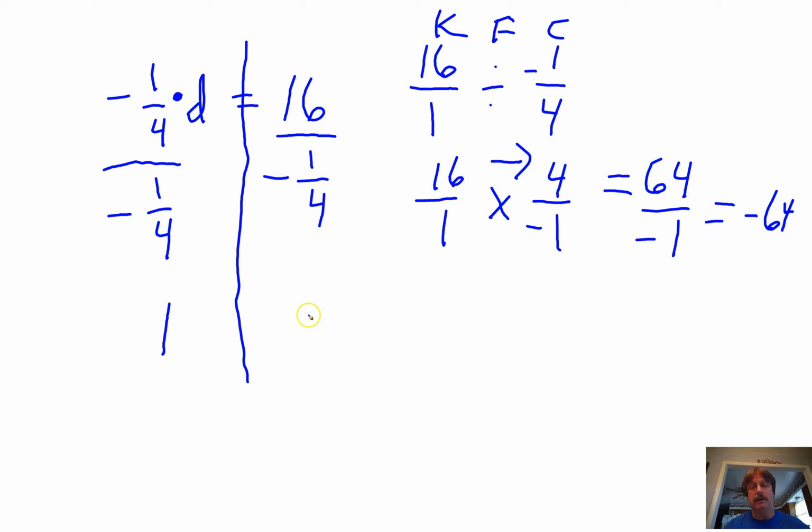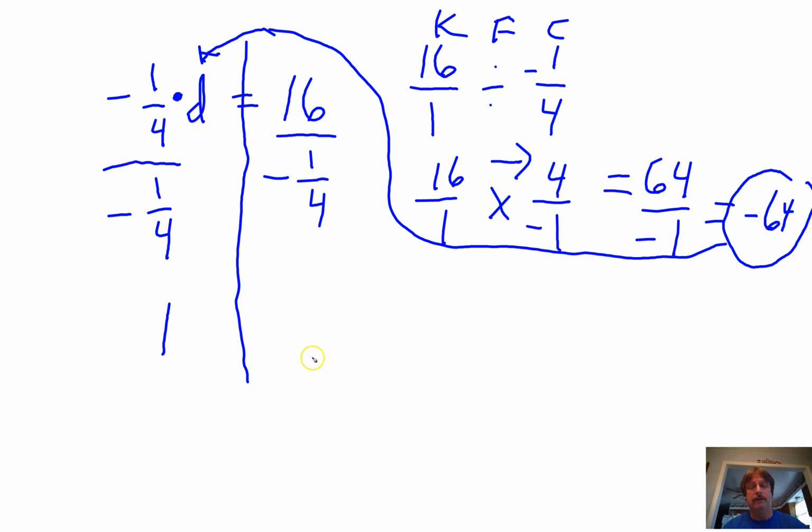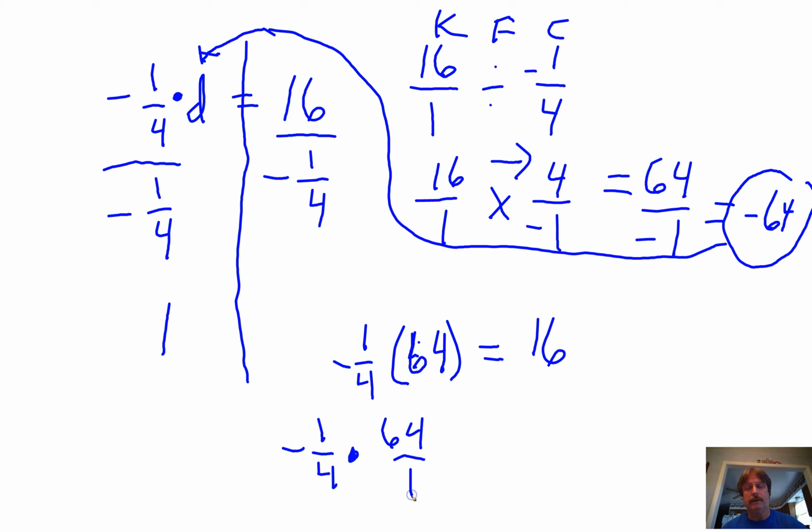So if I put it back into the equation, remember I'm going to substitute this in place of d. I'm going to redo the equation over here. Negative 1/4 times 64 equals 16. So if I take negative 1/4 times 64 over 1, okay, that's 64 over 4, negative 4, because I'm going to keep my negative. 4 goes into 16, so if I do the long division way, which you have to know how to do, so 4 into 64. 4 goes into 16 once, that's 4.